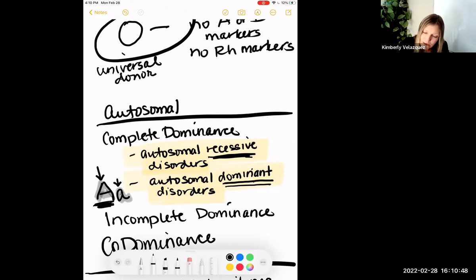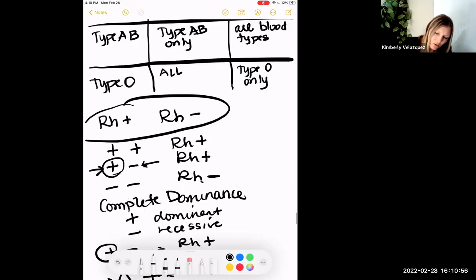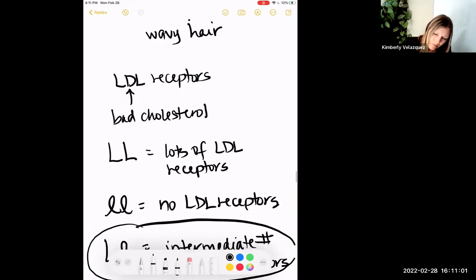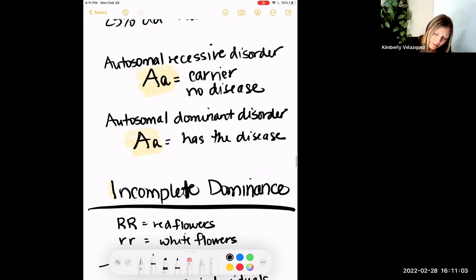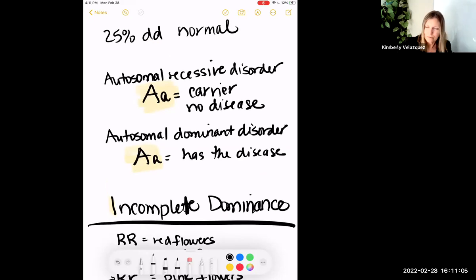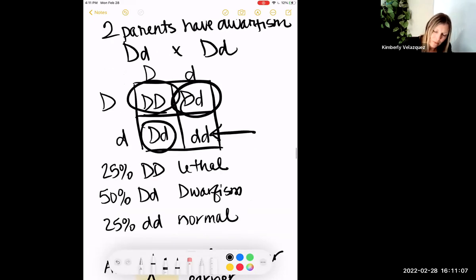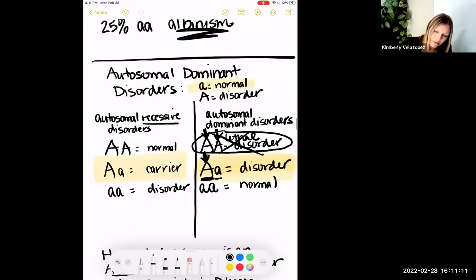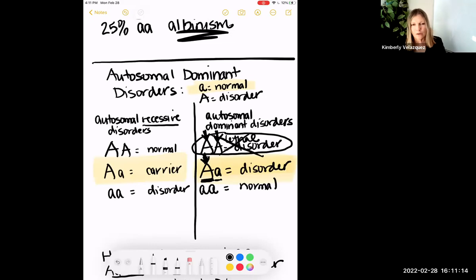In autosomal recessive disorders, disease is recessive, normal is dominant. And remember, I drew a little chart for that way up here. And remember, the possibilities are this.